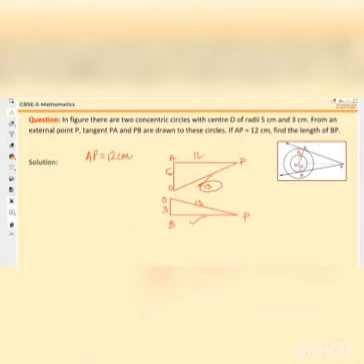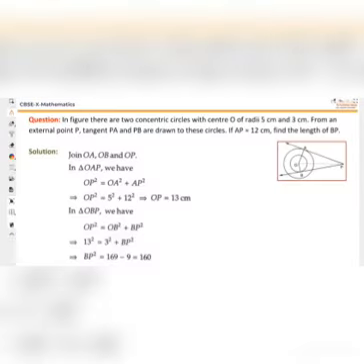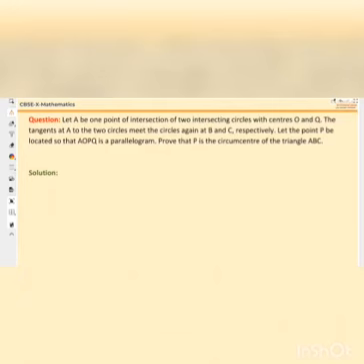Okay, let me see what are the other questions which are kept for you. Okay, this is important, guys. This question says, let a point A be one point of intersection of two intersecting circles. So let me take two intersecting circles. This is a circle, and say this is a circle.